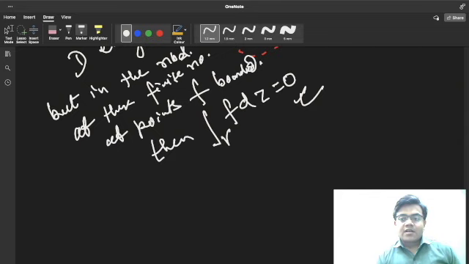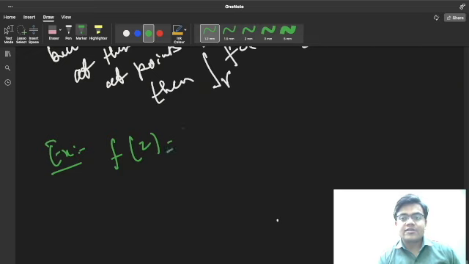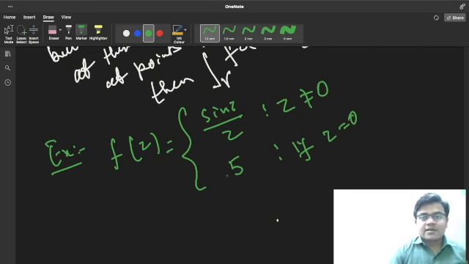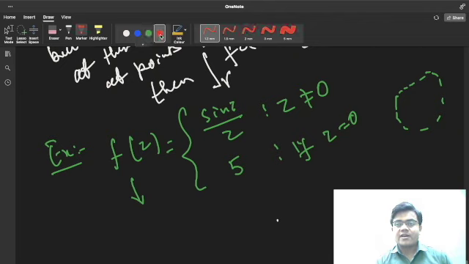All right, now let me give you an example to illustrate this beautifully. If I give you a function f of z equals sine z by z if z is not equal to 0, and let's say 5 if z equals 0. You can see there is a removable singularity at 0. Let's say you are given this domain which contains 0 as well.